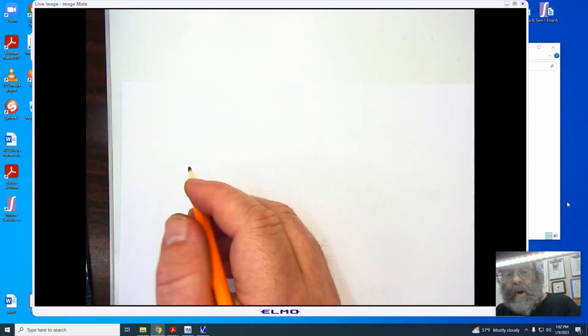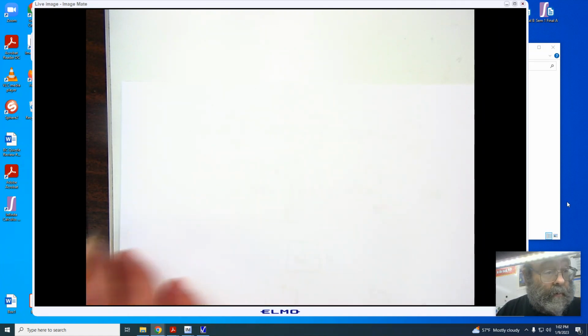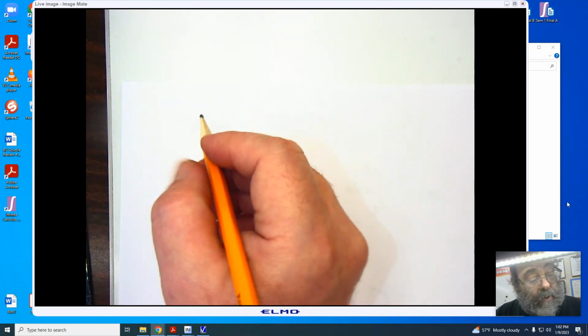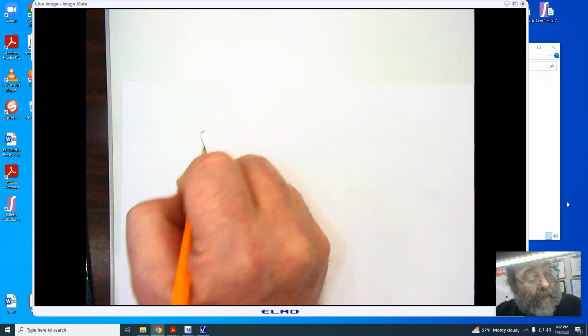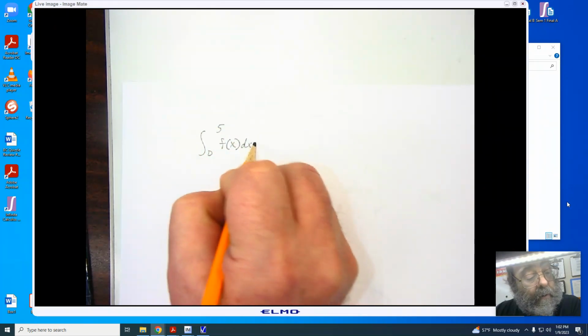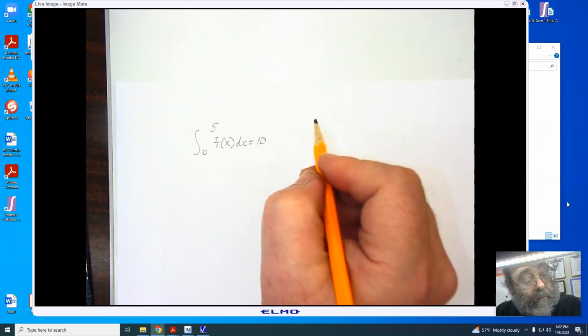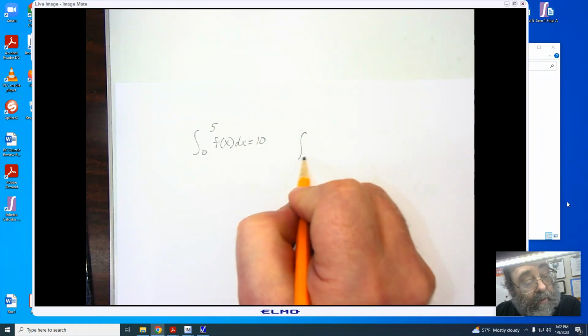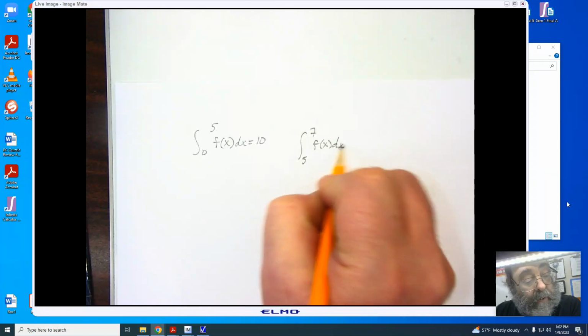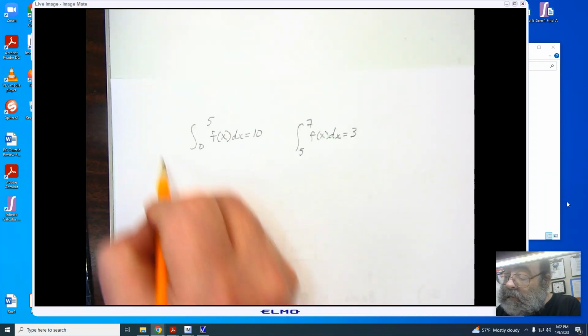Once again, using properties. So number 45 is asking me to use the properties that 0 to 5 of f of x dx is equal to 10, and the integration from 5 to 7 of f of x dx is equal to 3.